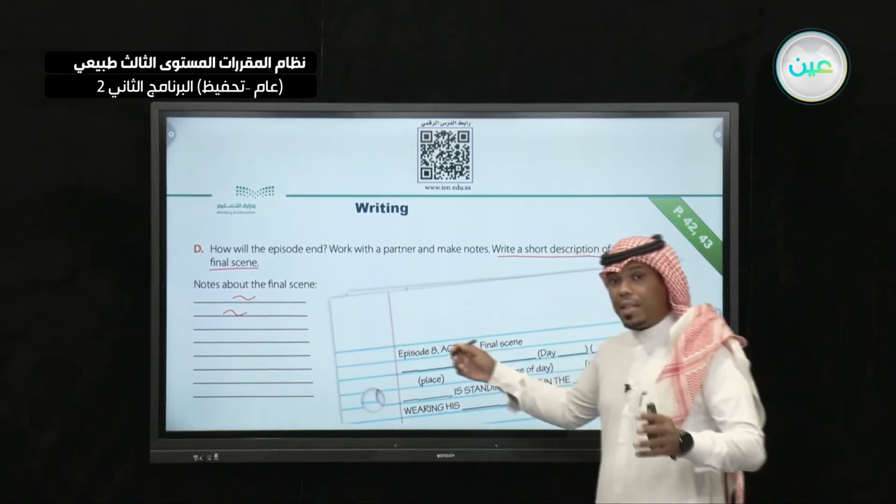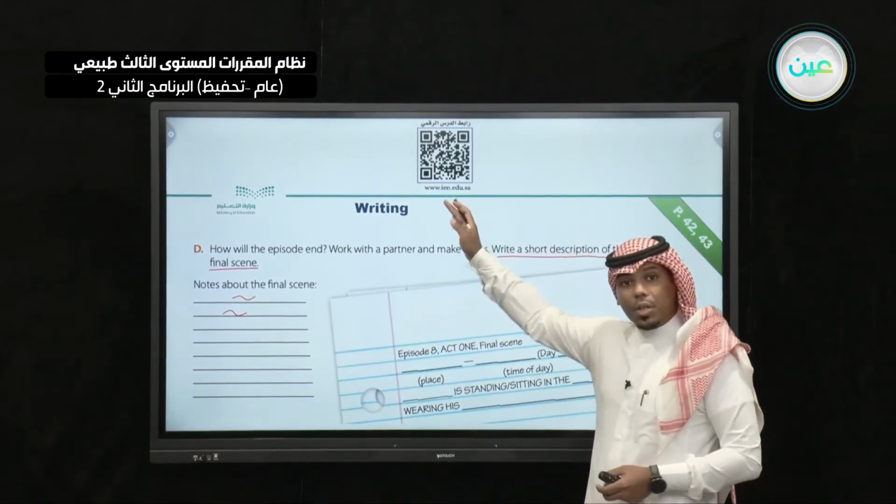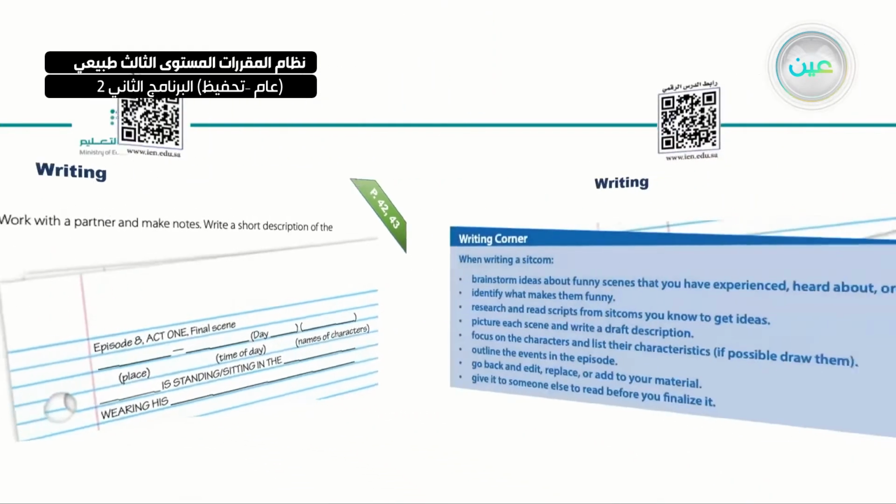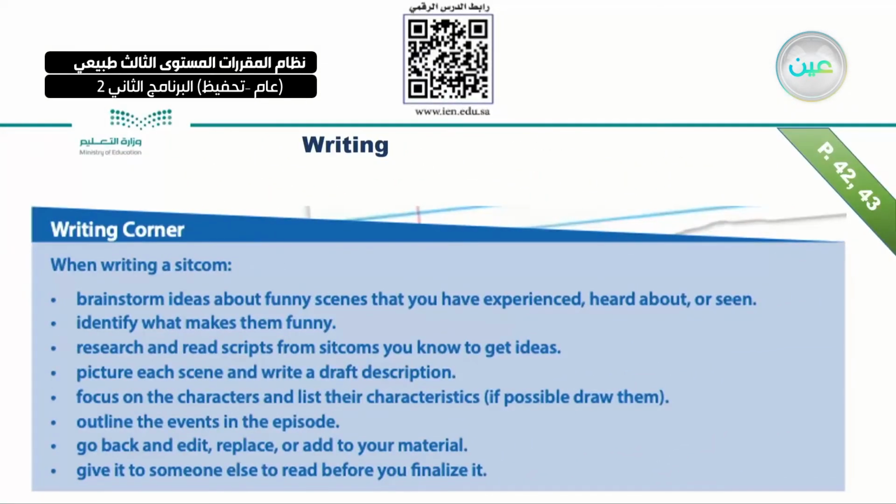As I said, you can use this barcode to access the online material about this lesson on pages 42 and 43. And to see how we can write a sitcom, first brainstorm ideas about funny scenes that you have experienced, heard about, or even seen.